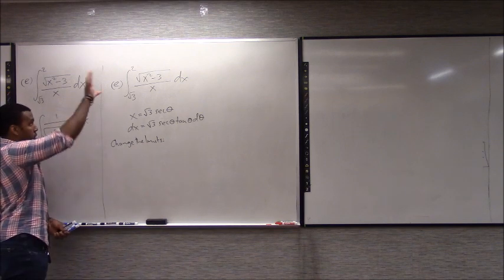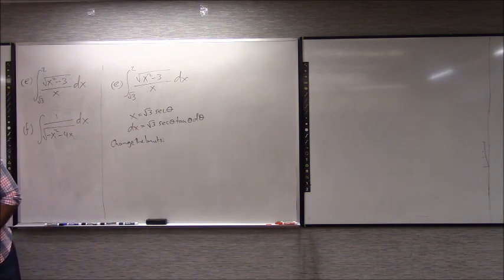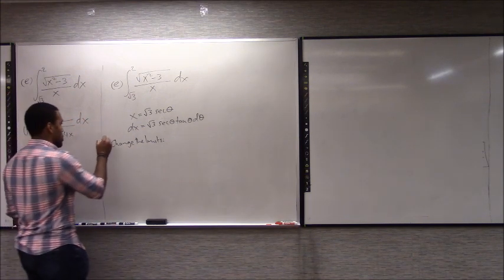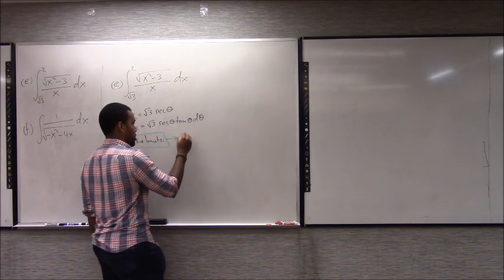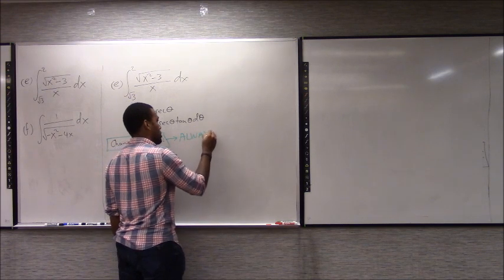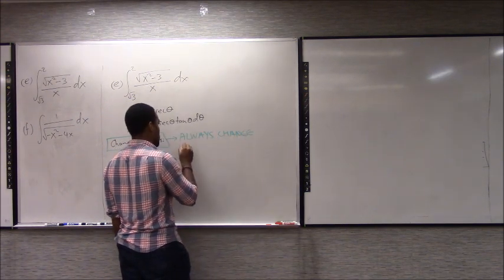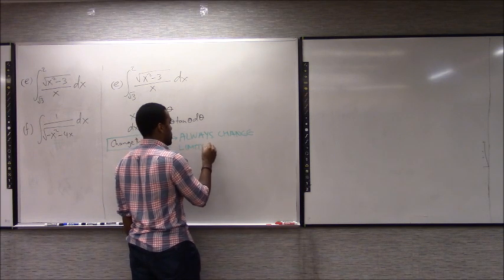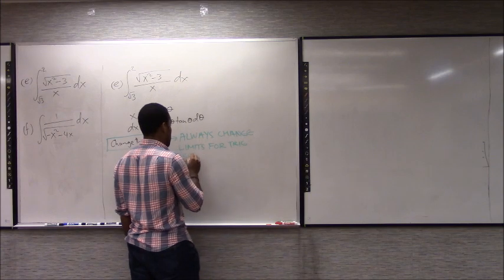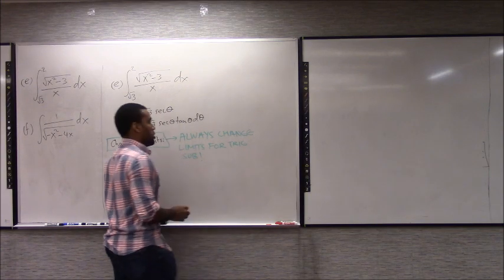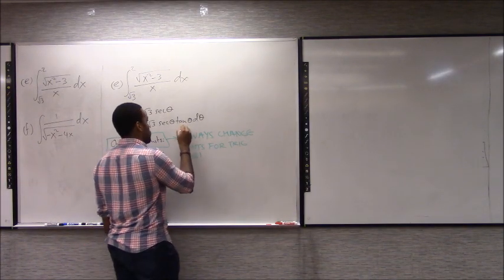You can always just find the answer in terms of x and then plug in the old limits, except probably I would say for trig substitution, always change the limits. It's not required, it's highly recommended.